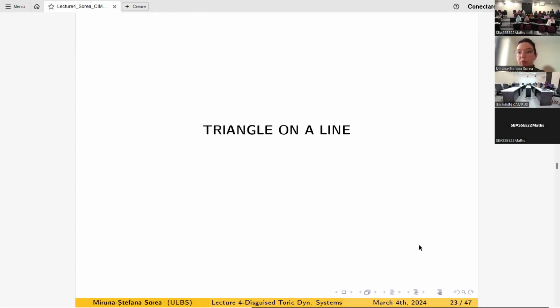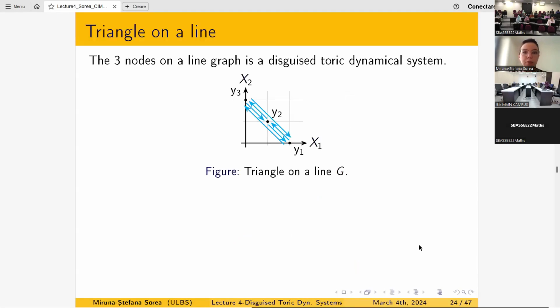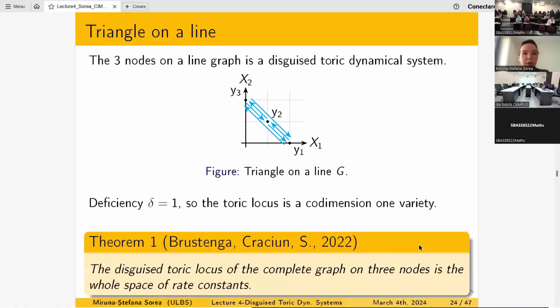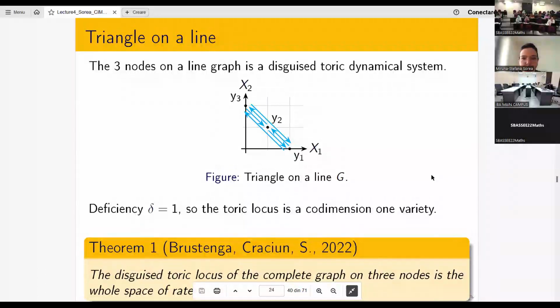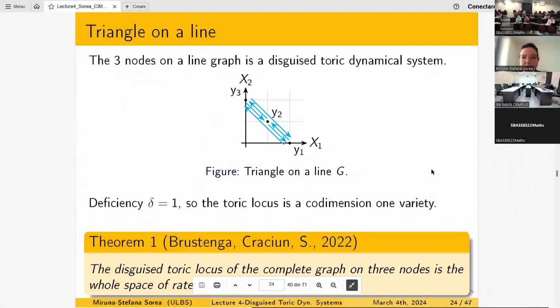Of course, we already know the toric locus for it. We have seen it. This is our network, the graph, and the deficiency we know is 1. And now what we proved, together with Brustenga and Crăciun, is that the disguised toric locus of the complete graph on 3 nodes is the whole space.